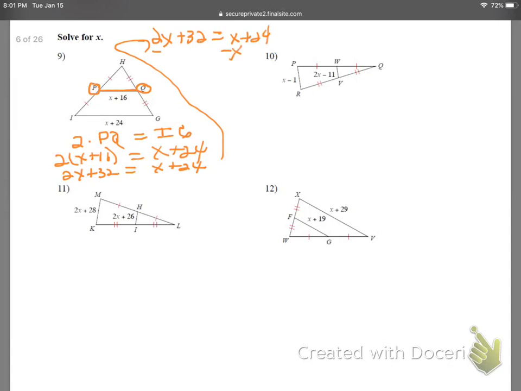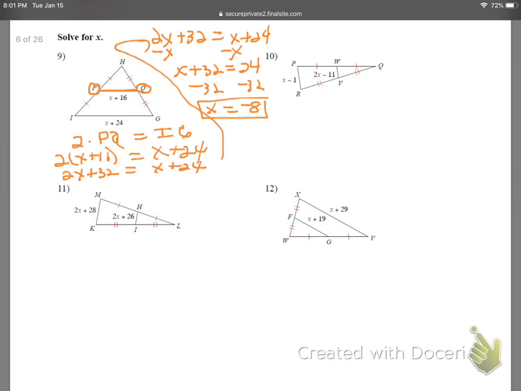Subtract x, subtract x. I now have x plus 32 equals 24. Okay, subtract 32, subtract 32, and I have x equals -8. And that's what they were looking for, x. So let's see if this works.